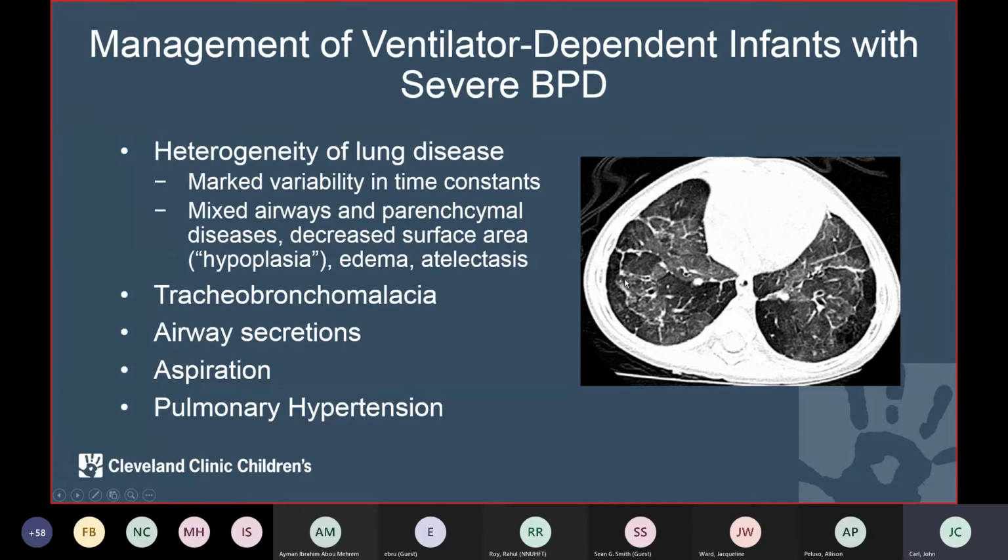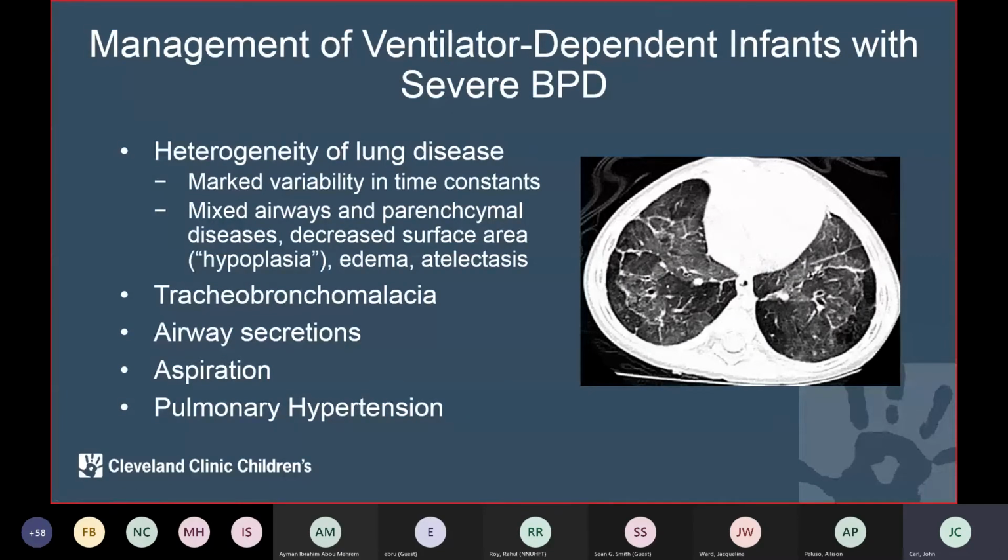There is marked variability in time constants, which I think would not be hard to convince you of if you talk about time constants for lungs that are very dense like this versus hyperinflated or air trapping areas, with mixed airway and parenchymal diseases, decreased surface area from hypoplasia, and also with severe BPD, tracheobronchomalacia, airway secretions, probably some degree of chronic microaspiration, if not overt episodes of aspiration, and the development of pulmonary hypertension.